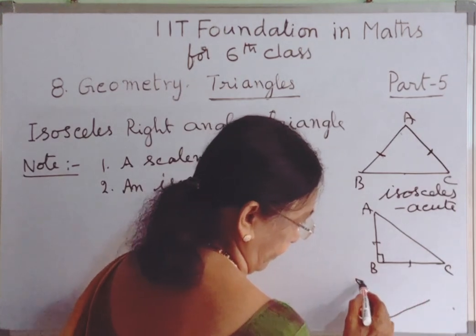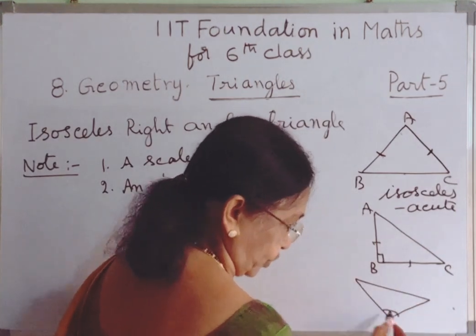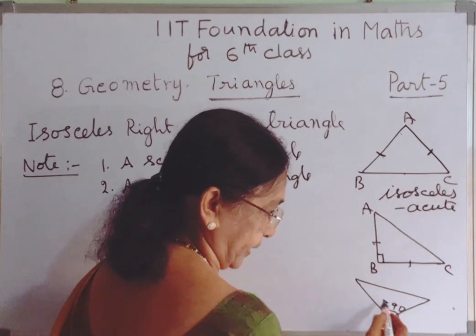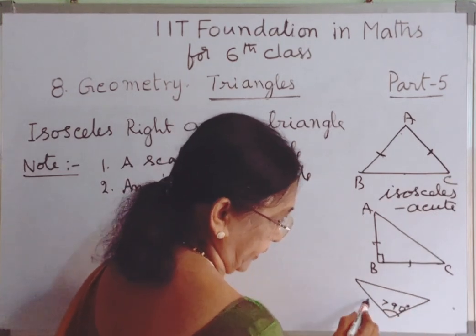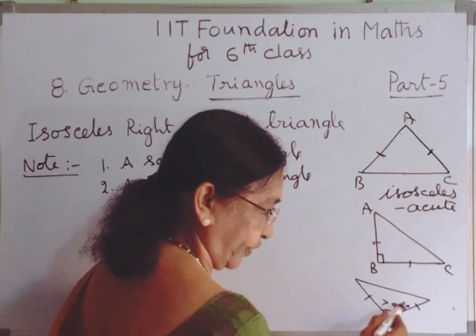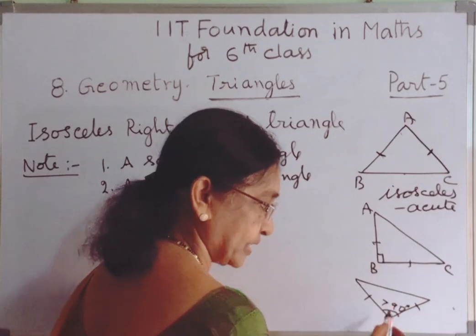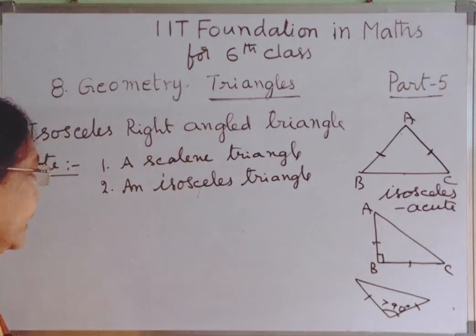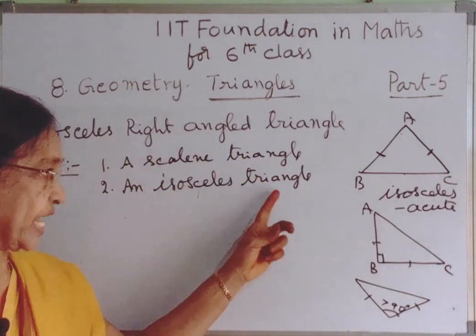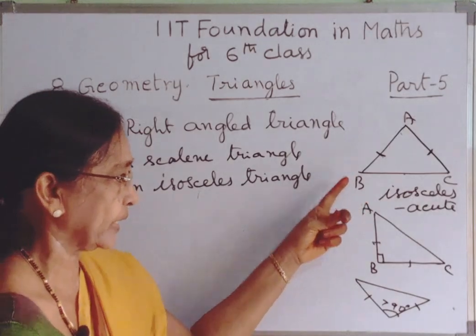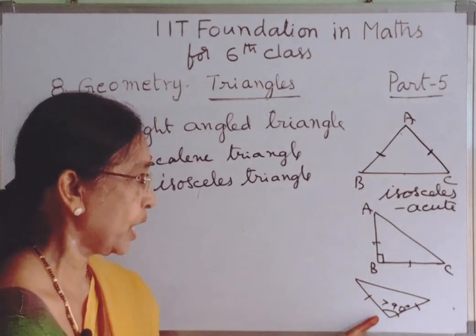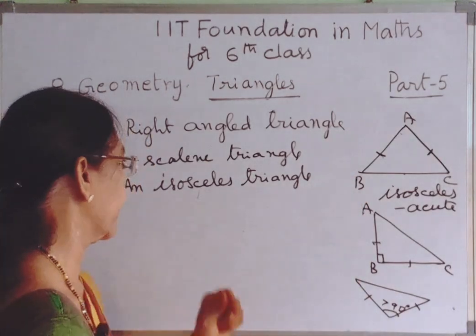These two sides are equal and this angle is obtuse, greater than 90 degrees. Therefore, it is an isosceles triangle as well as an obtuse angled triangle. Therefore, an isosceles triangle may be an acute angle triangle, right angle triangle, or obtuse angled triangle.